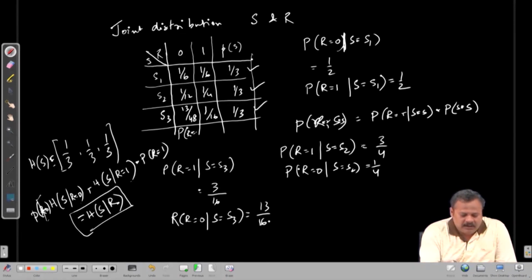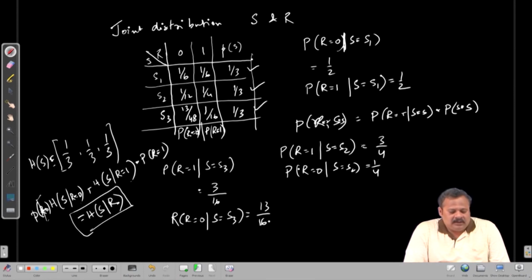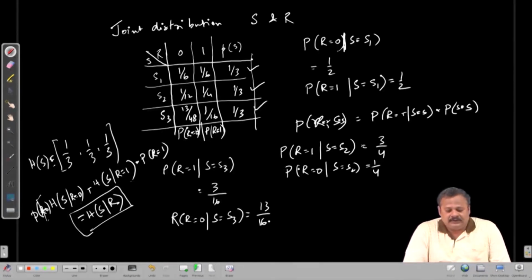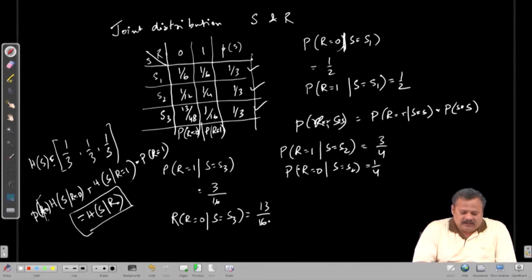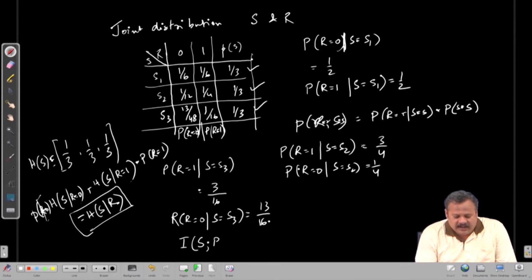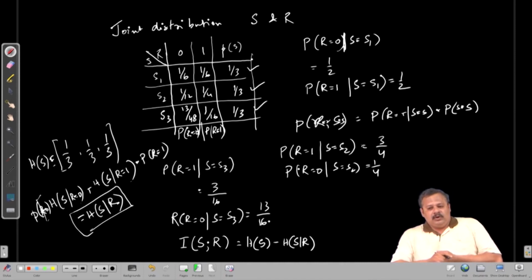With these we can compute H of S given R, and also I of S and R, which is H of S minus H of S given R, the mutual information between the stimulus and response.